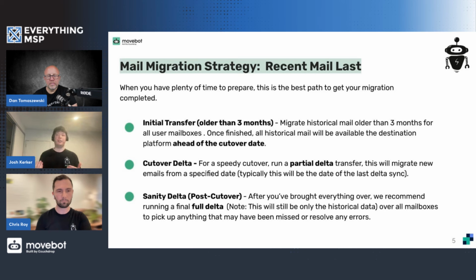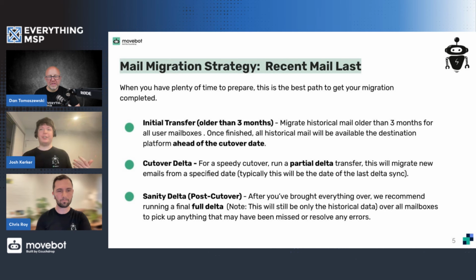And then the cutover delta should be very quick. Each mailbox should only be around 30 minutes, an hour at the most if it's a ridiculous user that sends a lot of emails. But most users aren't going to be sending that much over the last 3 months.